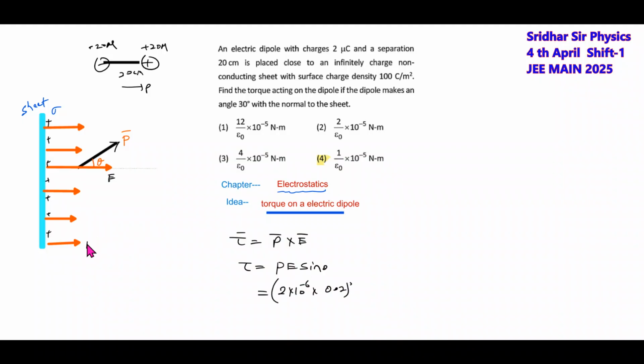What is the electric field strength formula? Sigma by 2 epsilon naught. Surface charge density 100 coulomb, so by 2 epsilon naught will be 50 by epsilon naught. Then sin theta, angle between them, root 3 by 2.